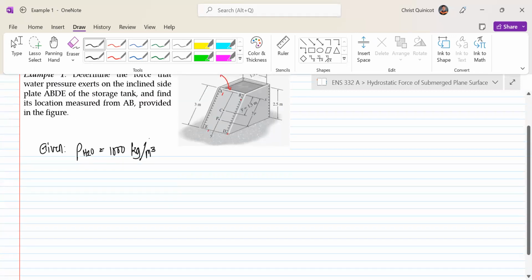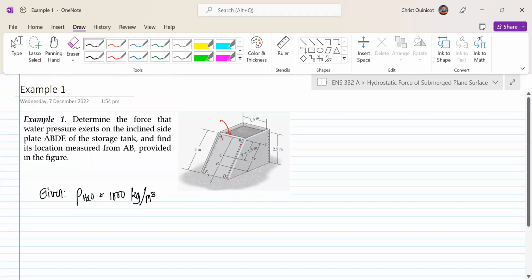Okay, and we can observe that our inclined portion of our storage tank is a rectangle, right? With a height of 3 meters, and its base is 1.5 meters.